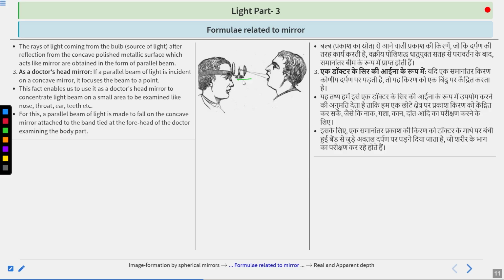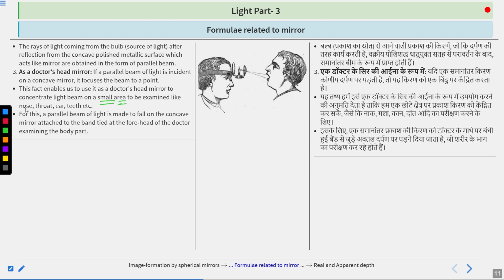So, if you ever go to the doctors, mainly ENT doctors, ear, nose, throat, and dentists, you always observe that they wear this kind of thing on their heads. Basically, this is the concave mirror and the lights, and this is also a mirror. So here, when a parallel light beam falls on this concave mirror, it concentrates it on one point or a smaller area which is to be examined by the doctor.